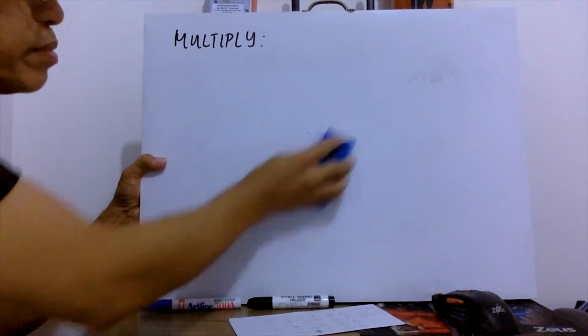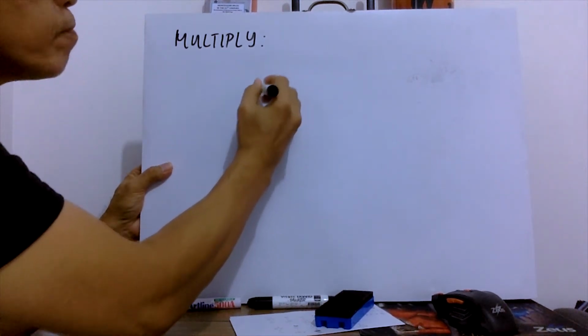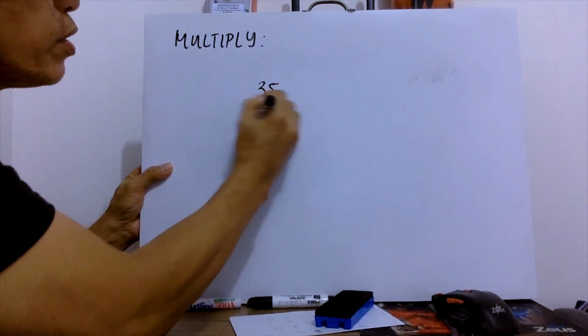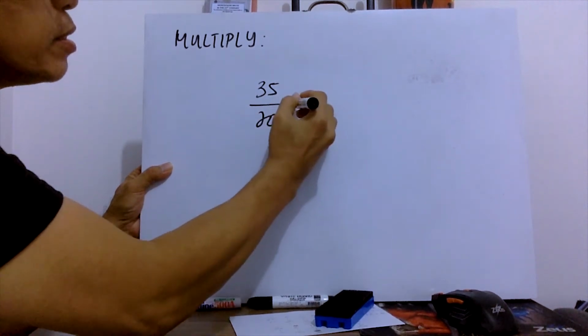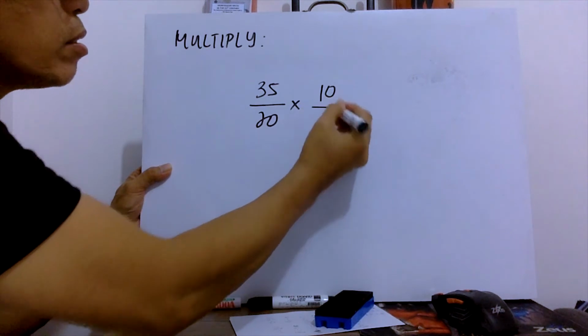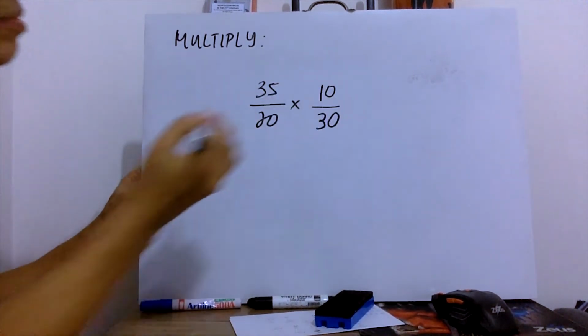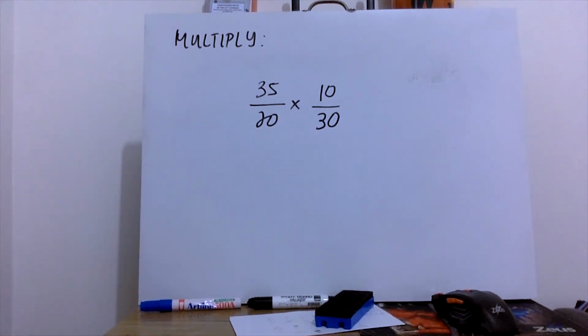I'll give you another one. Okay. Let's say 35 over 20 times 10 over 30. Wow, those are big numbers, right? Okay.